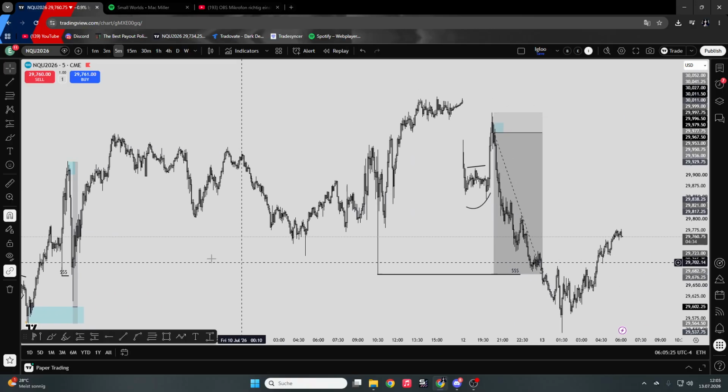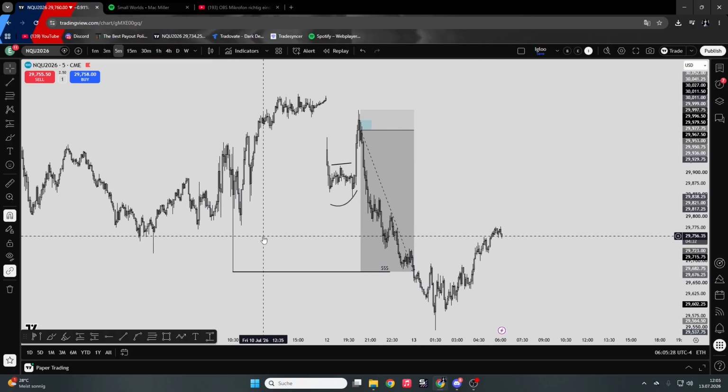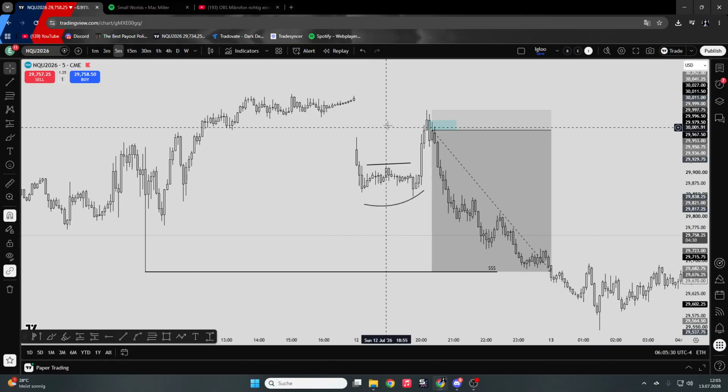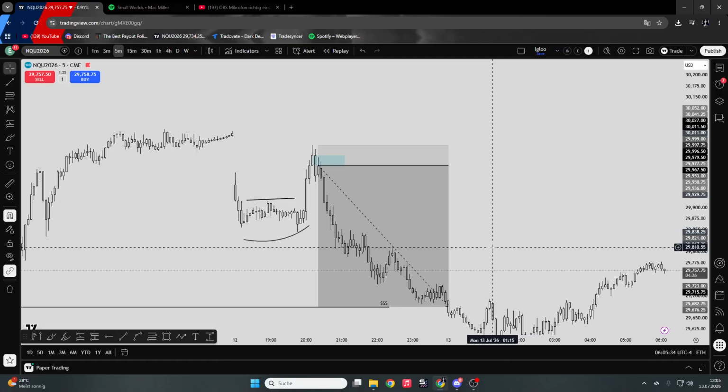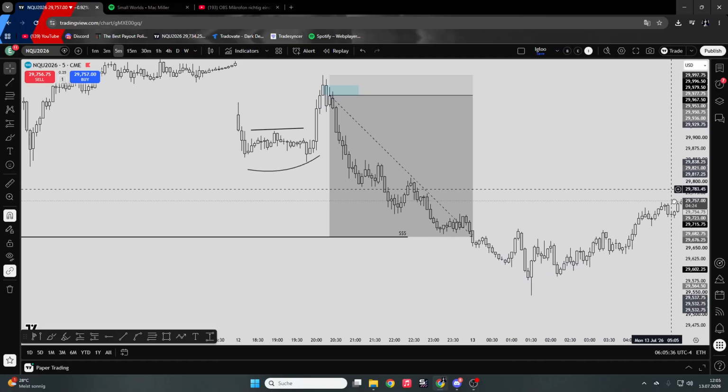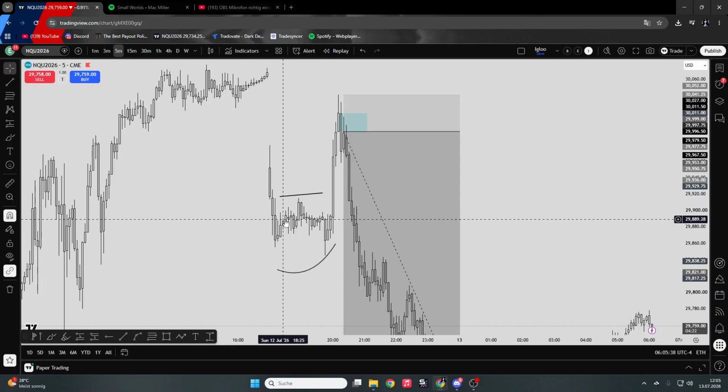And then for here, because of Trump news, this is the current day, I am very bearish. So we get another accumulation.